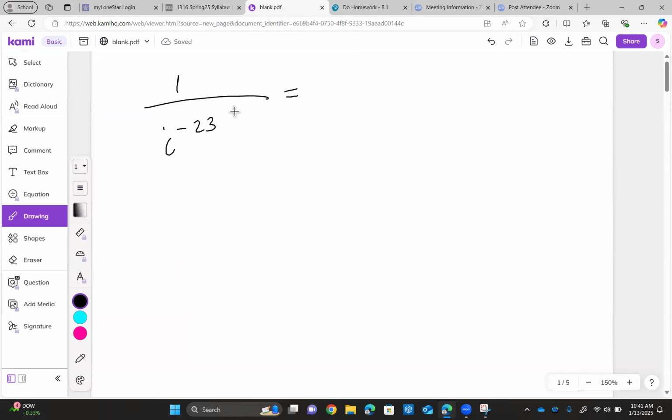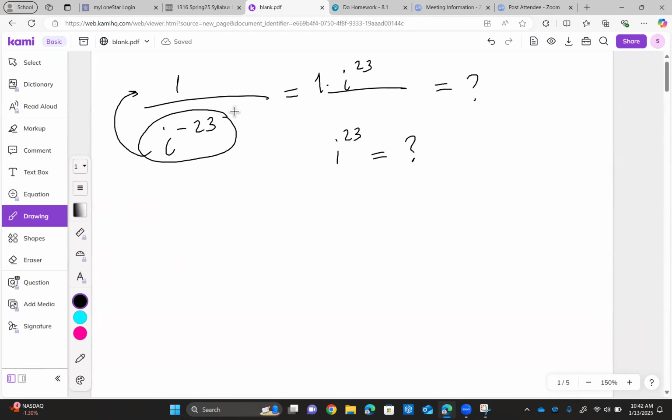Now, if i has a negative power in the denominator, this means this guy wants to switch sides, so it wants to go to the numerator. So you can simply move it to the top floor as i to the 23, and then the 1 is going to stay here, but it won't change anything, and there is nothing left at the bottom. So simply, we want to simplify i to the power of 23.